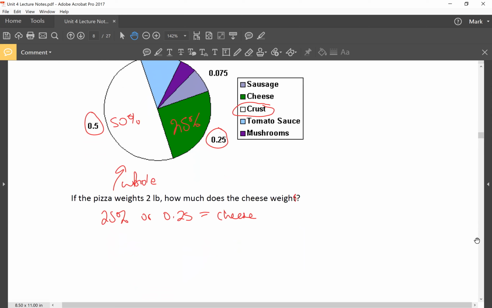So if the entire pizza weighs 2 pounds, then 2 pounds times 25% or 0.25. Remember, we use decimals when we calculate. We don't use the percentages. So that should just be a half. 0.5 pounds of that pizza is cheese.